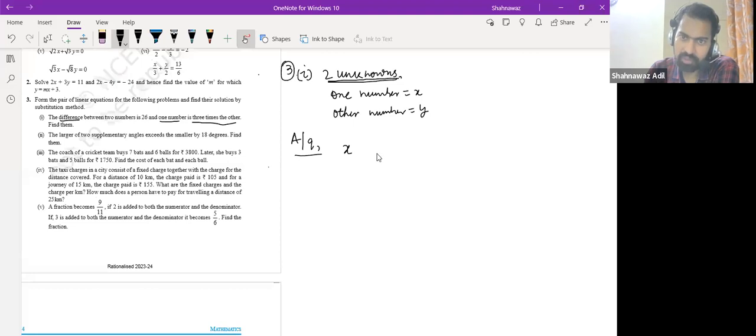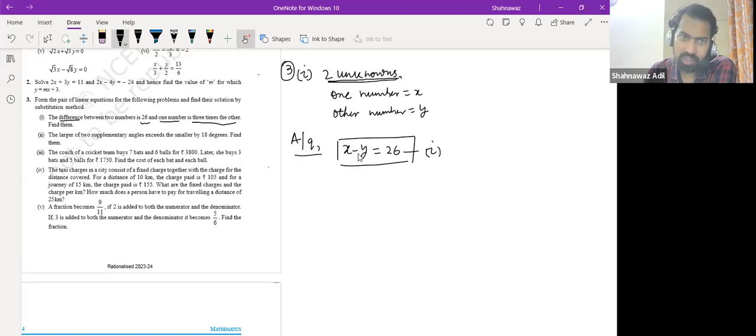This is the difference, and it's equal to 26. Absolutely right. So x minus y is 26. We have assumed that x is the larger and y is the smaller. So this is the first equation that we have.